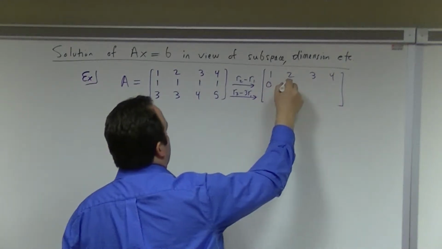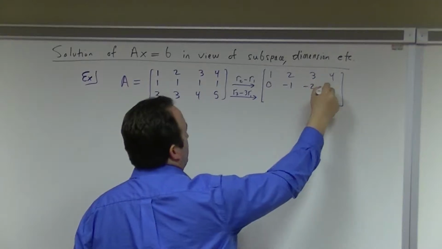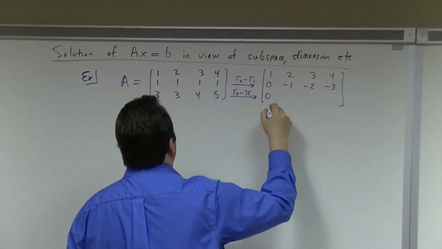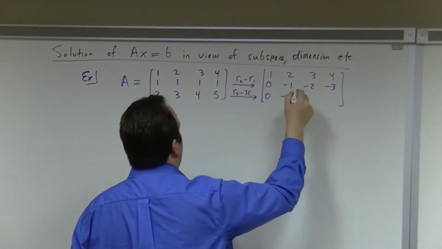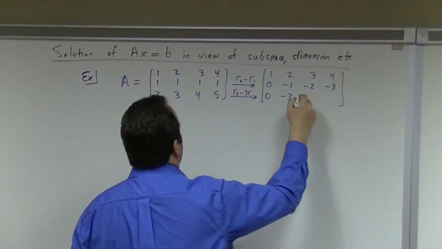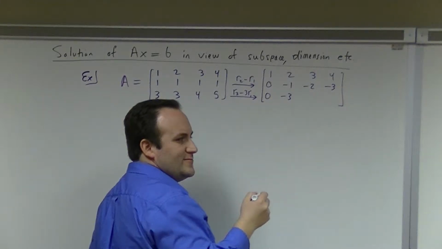0, minus 1, minus 2, minus 3. Then minus 3, minus 5, minus 7. So 3 times 3 is 9. I thought I heard a minus 5 and minus 7.